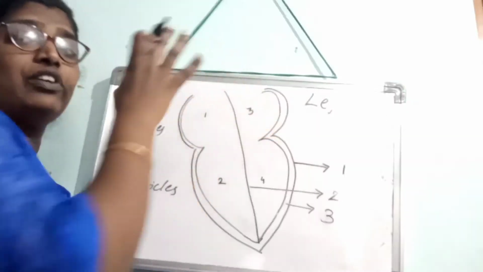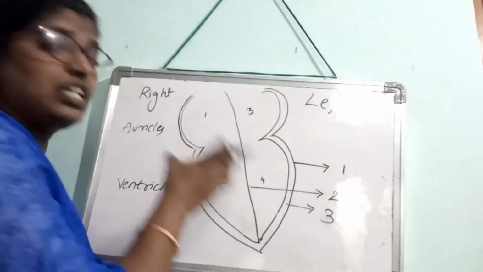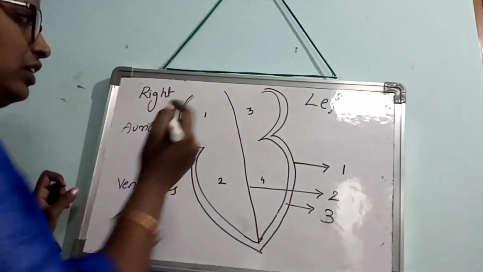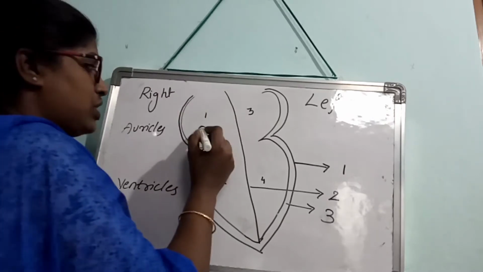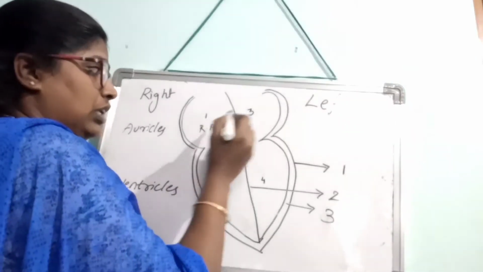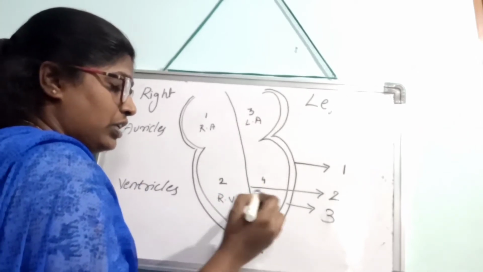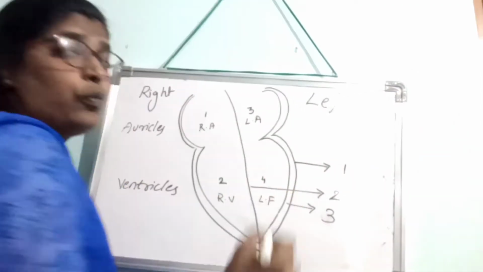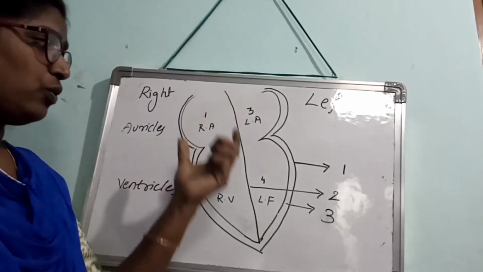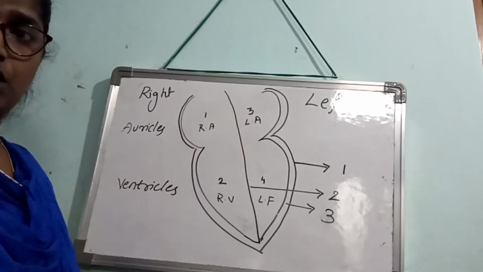The anterior part we call auricle, the posterior part we call ventricle. So as we give the names: right auricle, left auricle, right ventricle, left ventricle. So the 4 chambers have the names now.